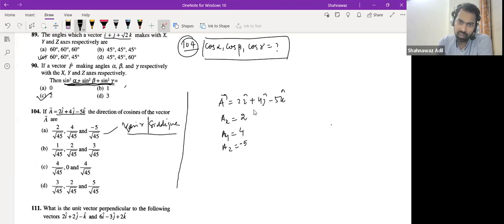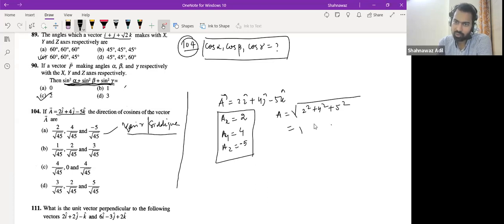Then we have A magnitude, which is 2 square plus 4 square plus 5 square. So this would be 4, 16, and 25. So 45, right? So cos alpha is simply AX by the magnitude, which is 2 by root 45.